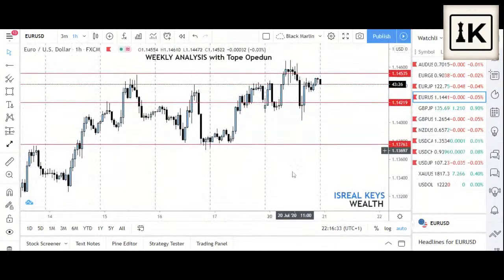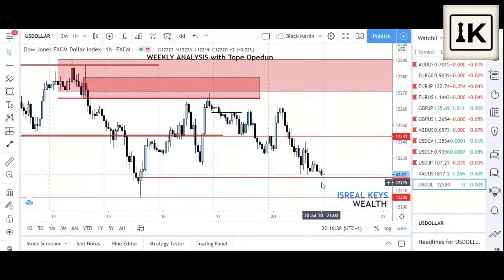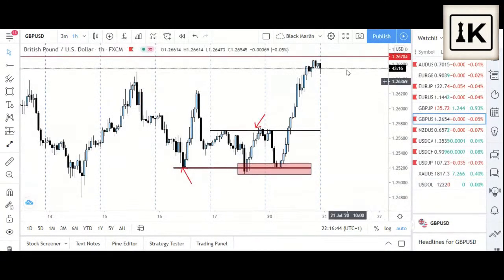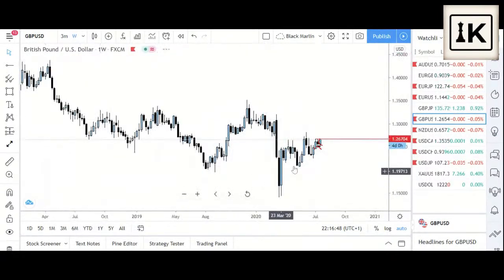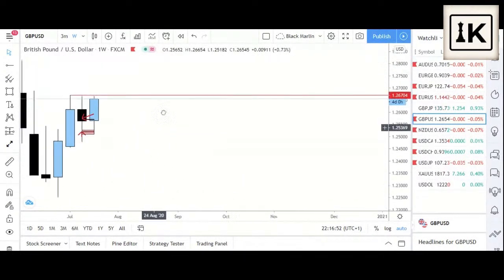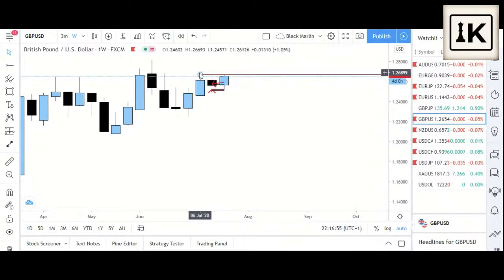Price has already dropped down, but I've not seen anything on dollar index. So price has not moved yet. It's not giving me an engulfing. Let's see GU. Have you seen a reaction? So now, if you notice, GU is dancing closely to last week's high. It's a trick. I believe that, look, last week high and 3 weeks ago, I believe they want to take that high as well.